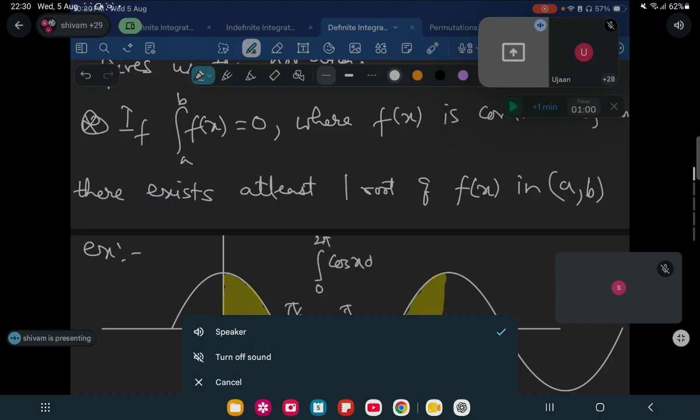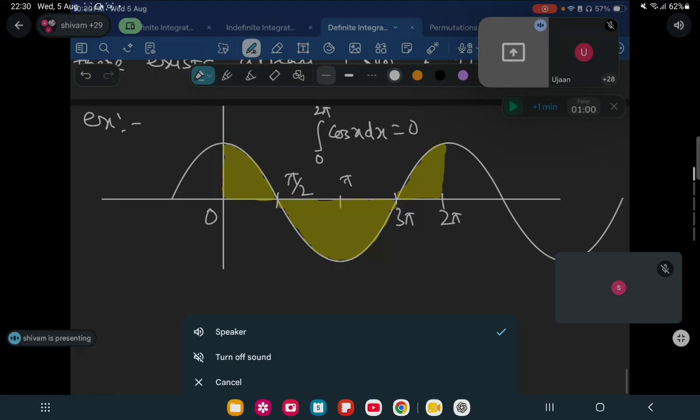Will the converse of this theorem be true? No, the converse of this theorem is not true.